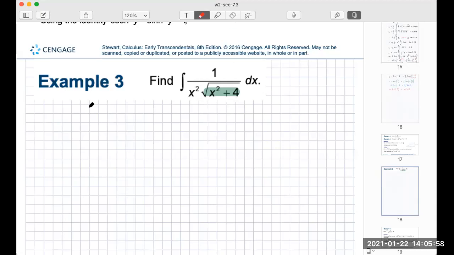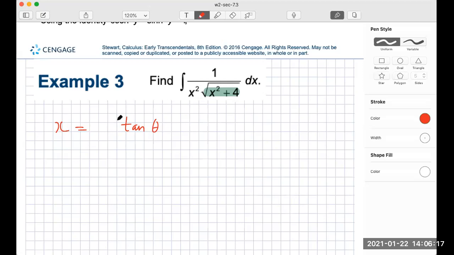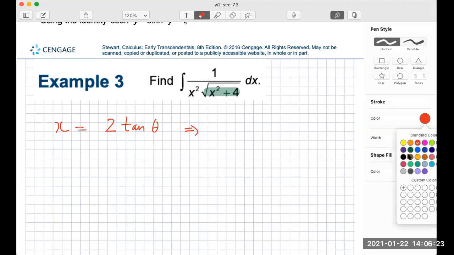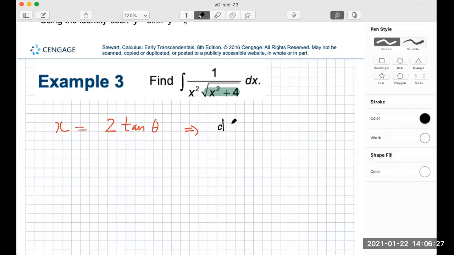Okay, let us define x is tangent theta. But is it good? What should we modify? 2, right? Because in the end we need to square here, therefore it should be 2. Very good. So the same story. Now we need to find the relation between the two variables.